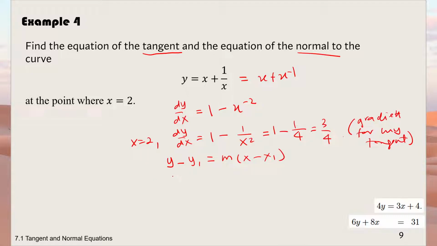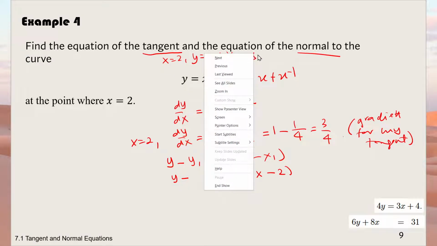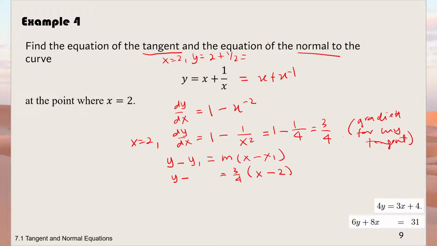Now m is 3 over 4, my x is 2, so x minus 2. Now what is my y1? Very easy. When x equals 2, my y is 2 plus 1 over 2, which is 5 over 2.